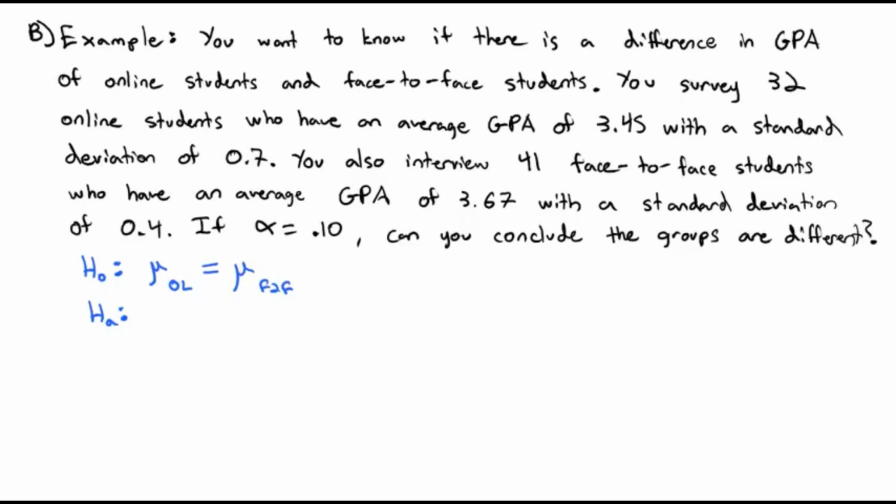This example didn't give me any inkling of a direction. They didn't say face-to-face students have a higher GPA or online students have a lower GPA or anything like that. So we are just looking to see if the online students are not equal to the face-to-face students, which means we have a two-tailed test.